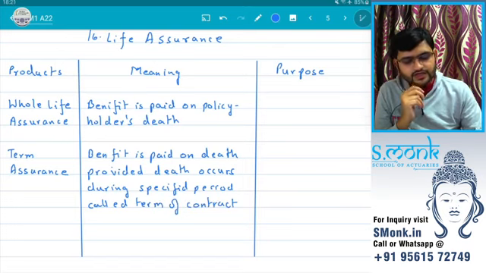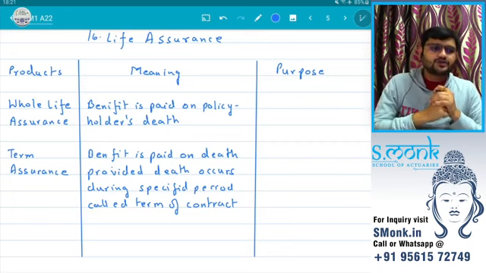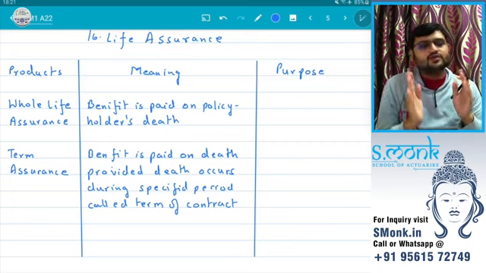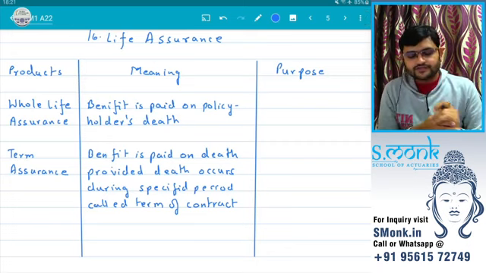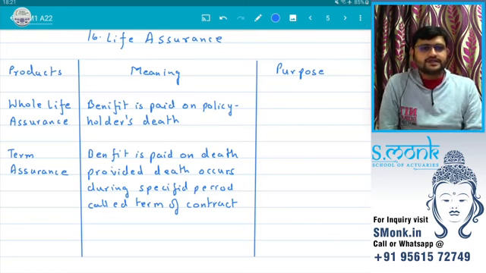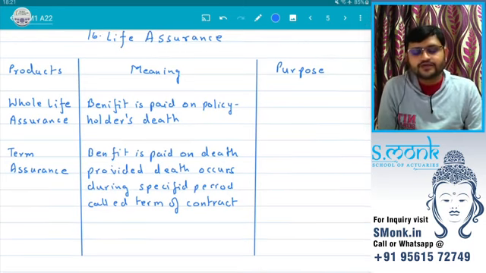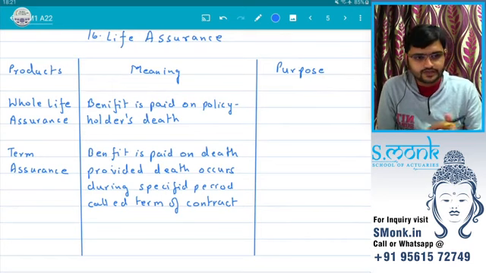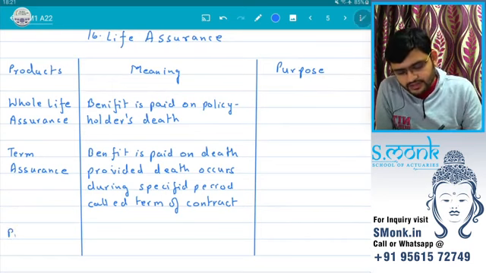So we have a contract here. This policy is nothing but a contract. So in the specified term of that particular contract, if the policyholder dies, then the benefit is given. Otherwise, the benefit is not given. Okay. The third one is pure endowment.